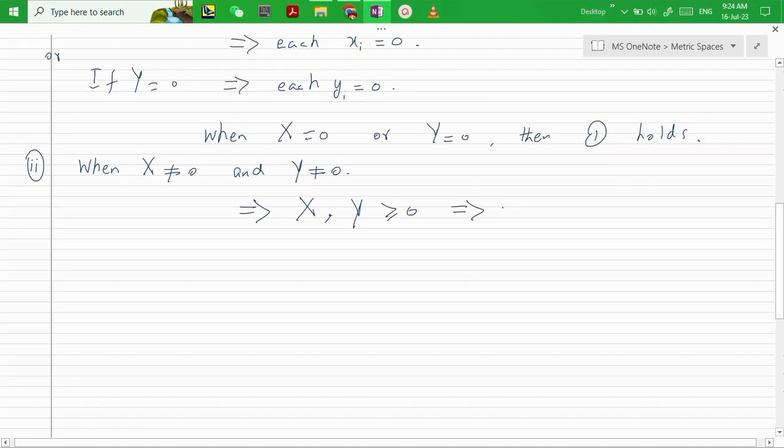When X is non-negative, then the only possibility is that obviously mod of xi for each i equals 0 or greater than 0, and similarly mod of yi is greater than or equal to 0.